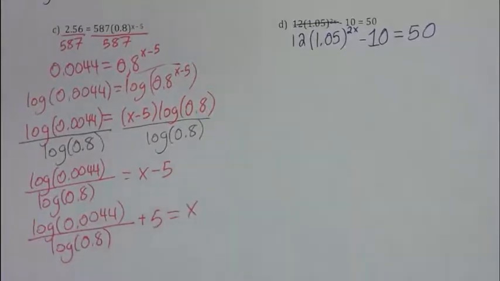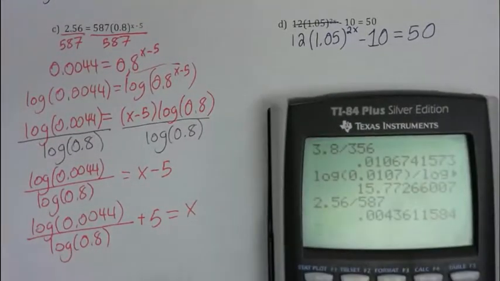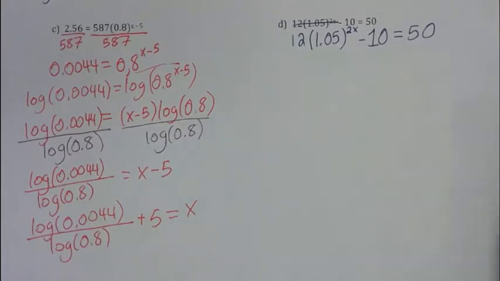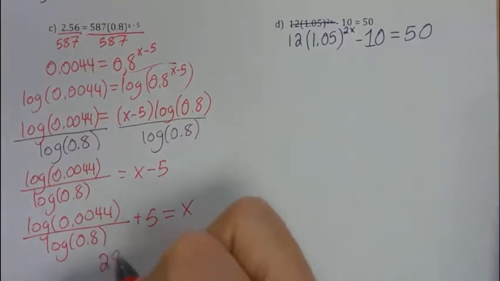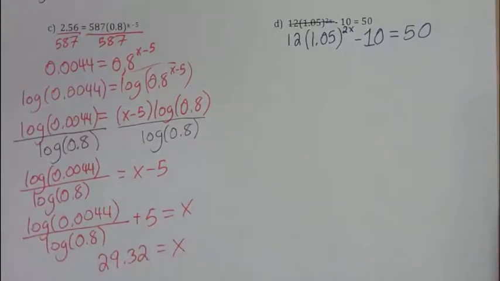And we're just going to put that all into our calculator in one shot to avoid any possible mistakes. So log of 0.0044 divided by log of 0.8 plus 5 is 29.32. Rounded to the nearest hundredth.